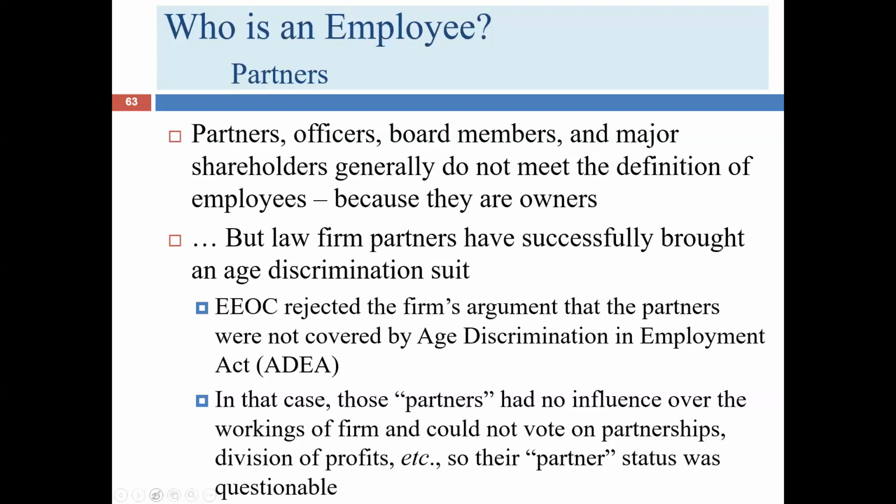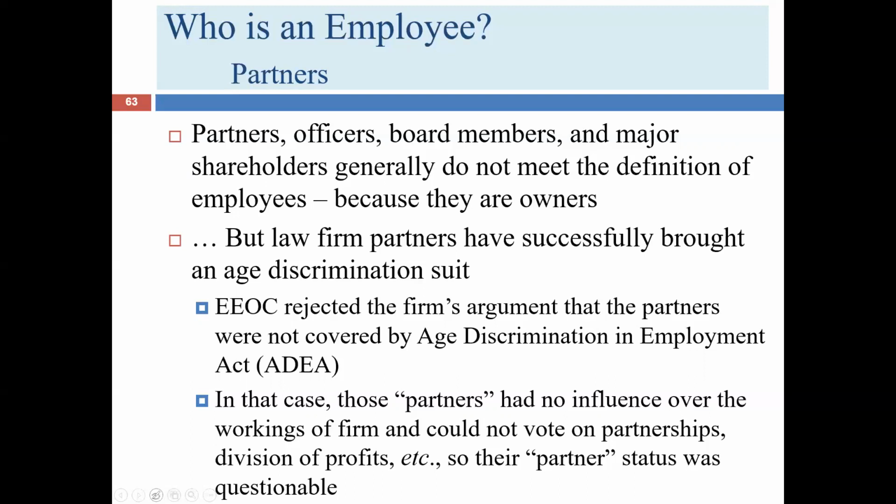I don't want to retire at 65. I don't want to retire at 70. And then they have sued alleging age discrimination. The EEOC has sometimes permitted these partners to advance the claim, arguing that, because the partners haven't been permitted to vote, they would be able to sue. Even where the EEOC disagreed, they have supported, we'll put it that way, the partners' claims under the Age Discrimination in Employment Act.